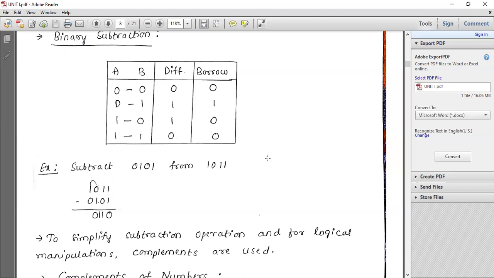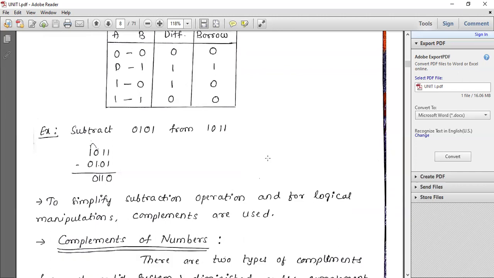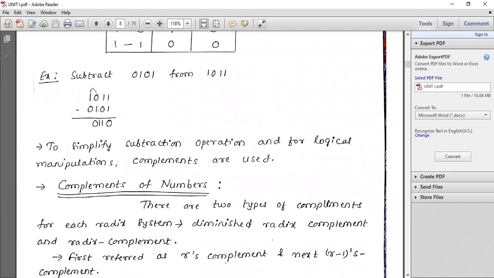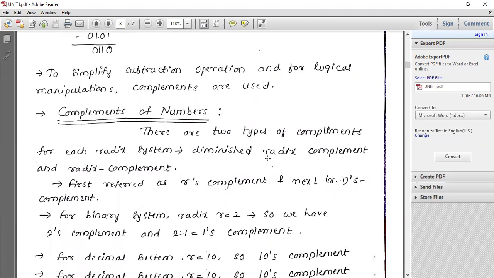So to simplify the subtraction operation, we are going to consider the concept called complements. Complements are nothing but procedures of subtraction that make the subtraction easy. So let us discuss what these complements are first.